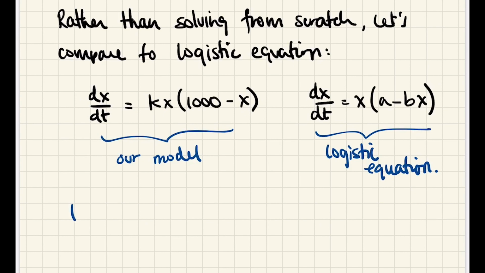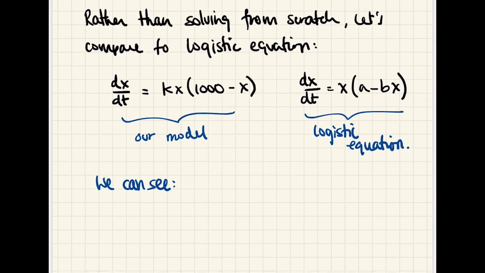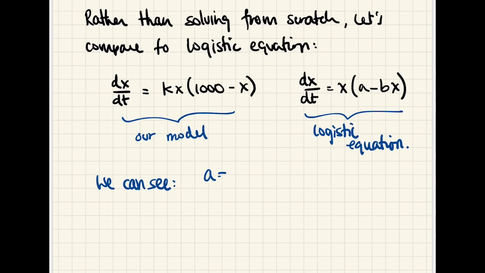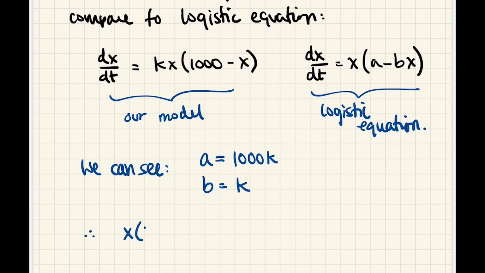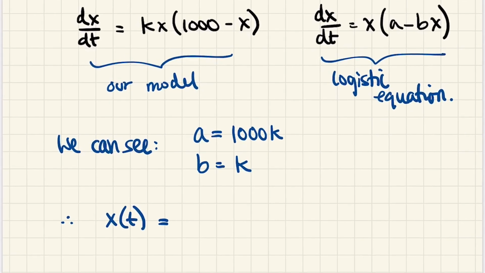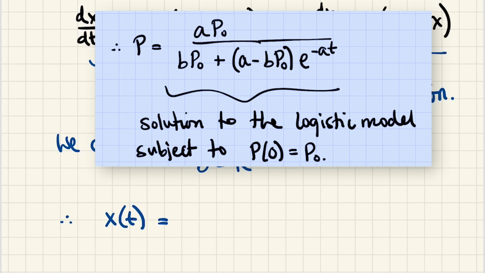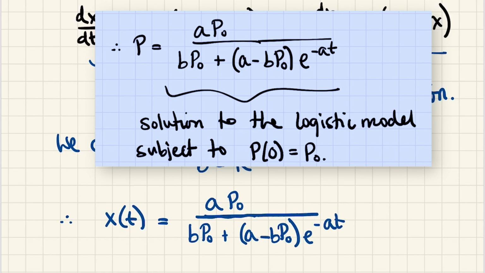Okay, so we can see that in this situation, A here is equal to 1000K, and B is simply equal to K. So therefore, we can jump straight to the solution, X of T, which we know is A times P initial divided by B times P initial plus A minus B P initial e to the negative AT. So this is like the generic version.